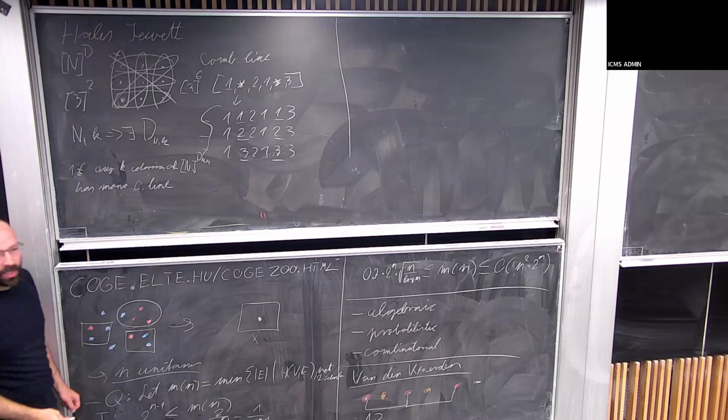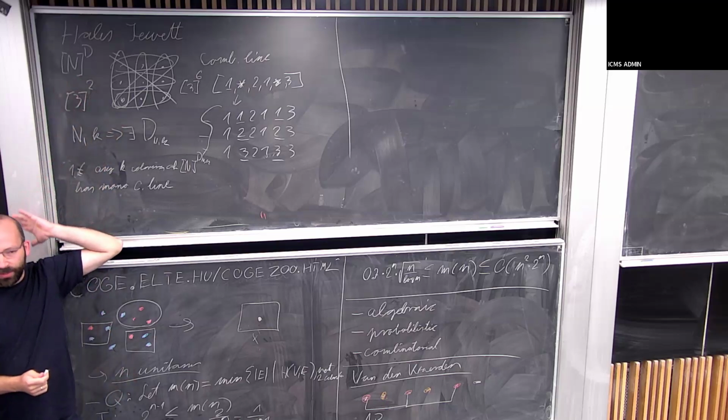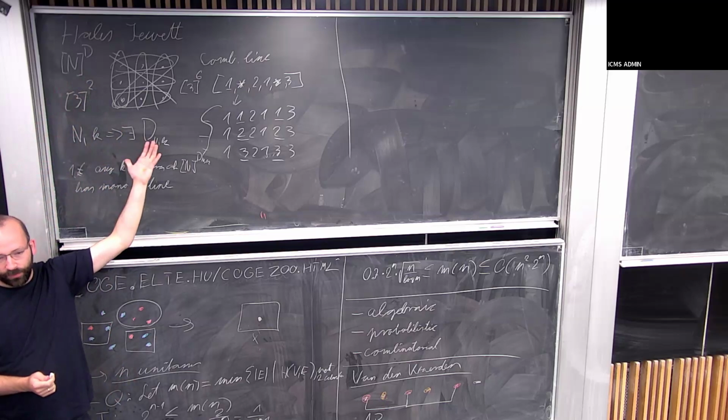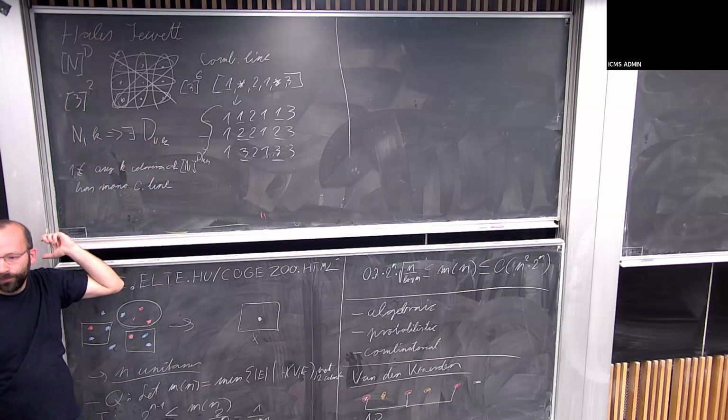So here the statement is about the dimension. If I pick the dimension to be high enough, then a monochromatic line will appear. Okay, everything clear so far?